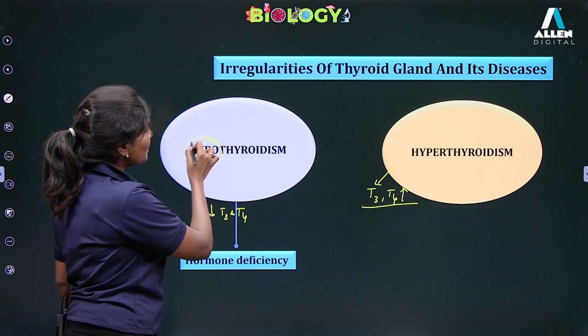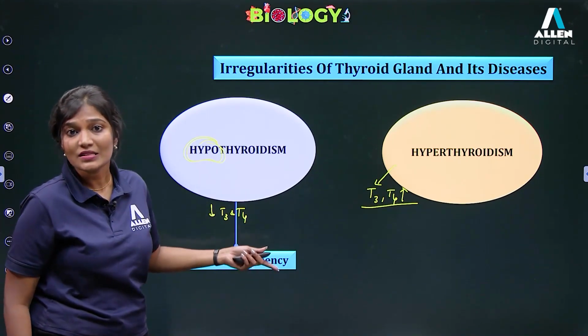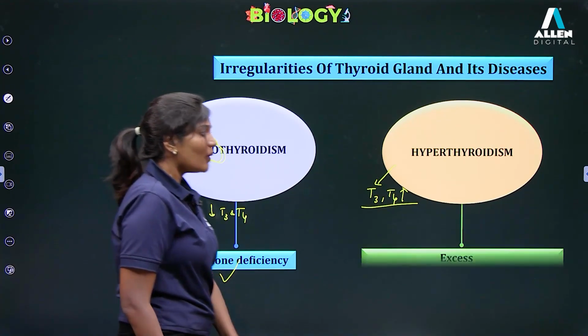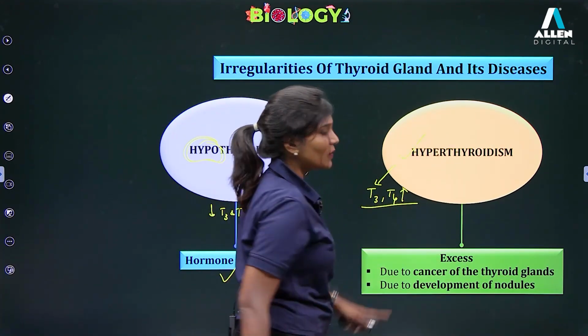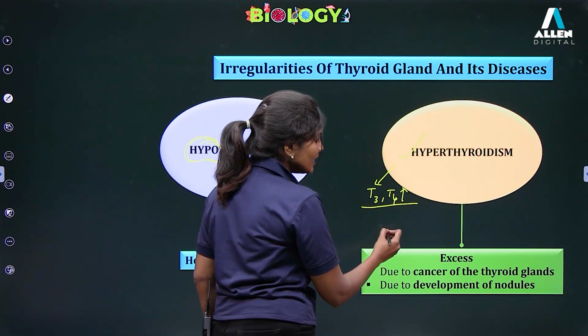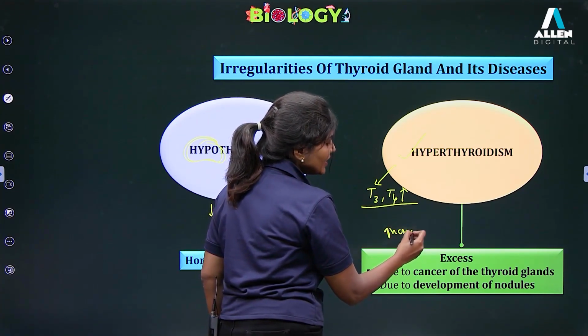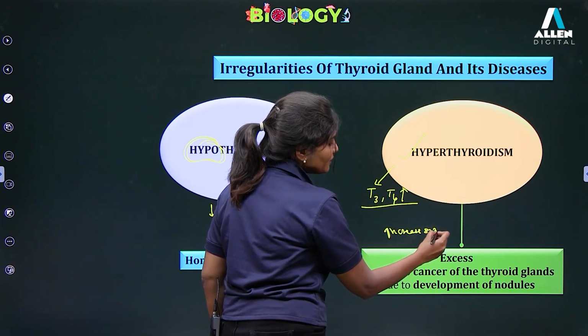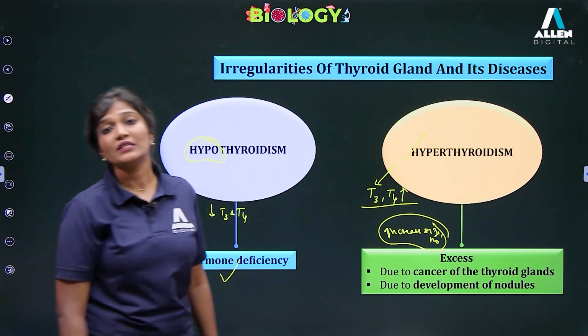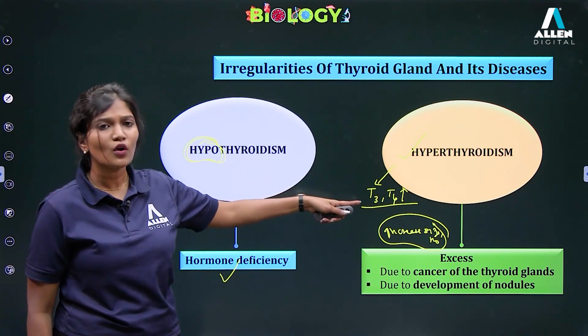Why does hypothyroidism occur? Because of hormonal deficiency. And why does hyperthyroidism occur? We already know follicular cells are there, and they will increase in size and increase in number. If these cells increase in size and number, then T3 and T4 levels increase. It also causes some conditions.